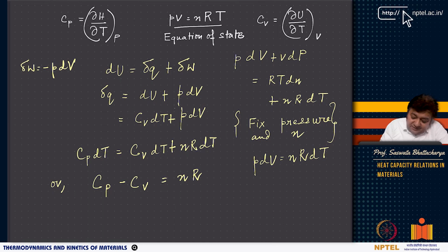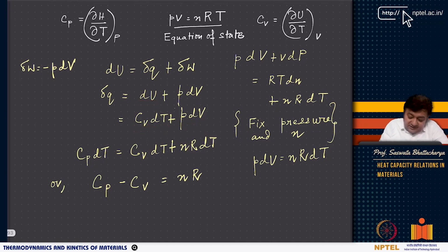dU is Cv dT plus PdV, right? Because from the definition, dU is nothing but Cv dT, and you have PdV.